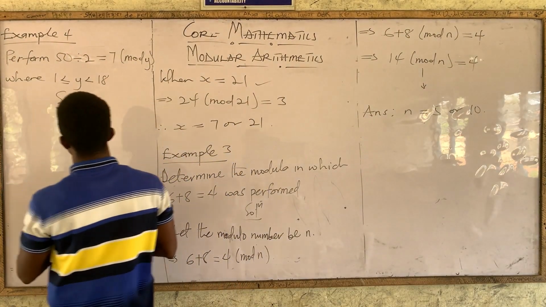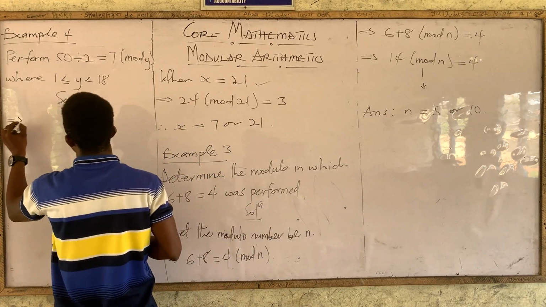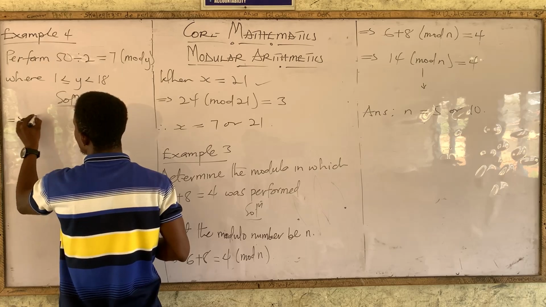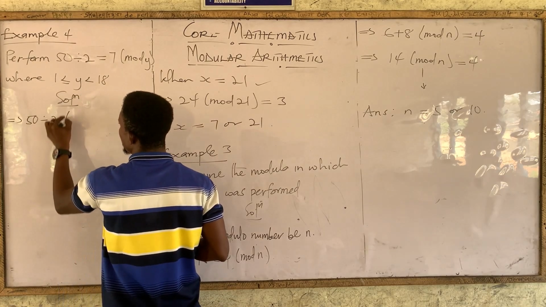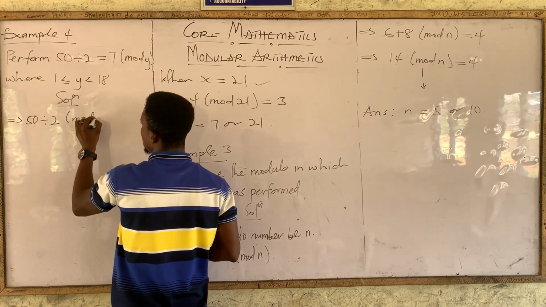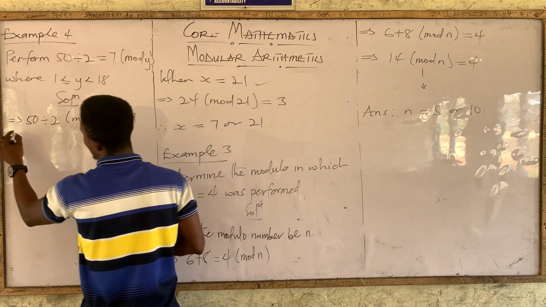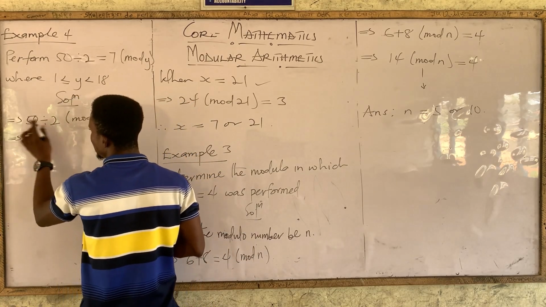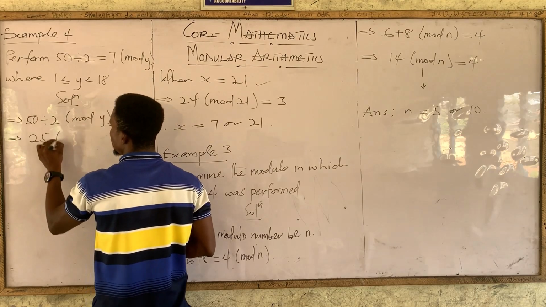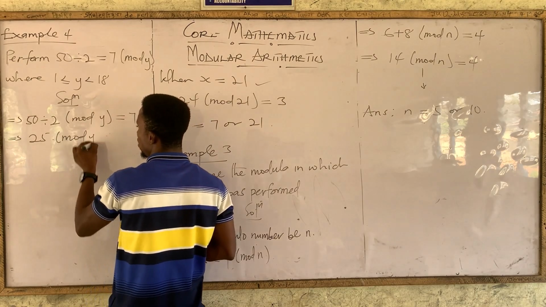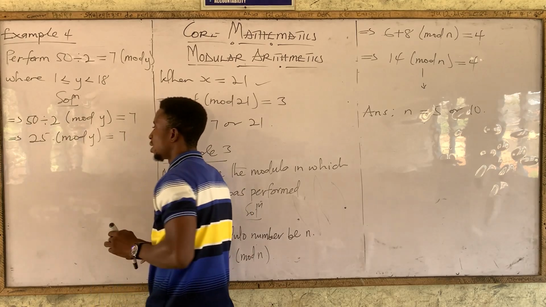Okay, so now let's see. This one too, the same way, can be written as 50 divided by 2 mod y, which is equal to 7. Then we have 25 mod y, which is equal to 7, because when you divide 50 by 2, you get 25.